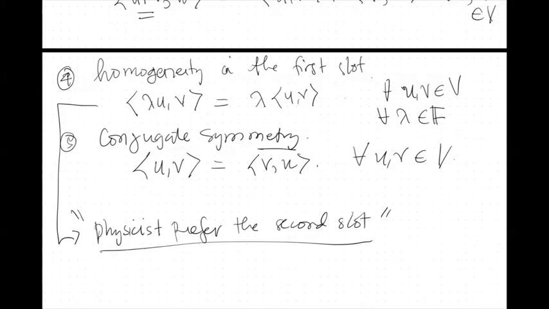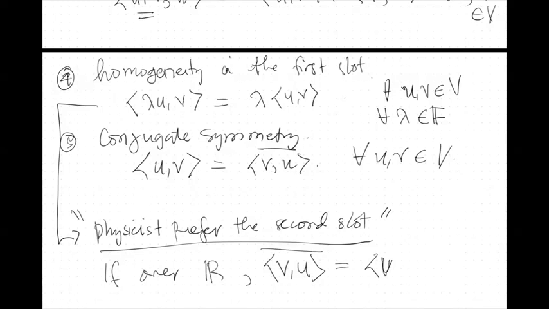Now, if you have a real vector space, every real number equals its conjugate, so if we're dealing with a real vector space, for the last condition above, we can dispense with the complex conjugate and simply state that if over R, the inner product of V and U is just the inner product of U and V.